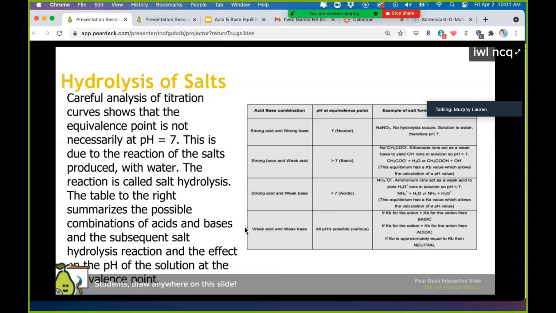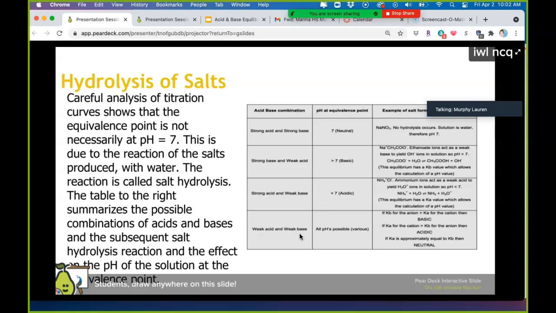Okay, now this topic down here, the weak acids and weak bases, they can give us acidic, basic, or neutral salts depending on the relative weaknesses. So if the weak base is a stronger weak base than the weak acid, then the salt will be basic. But if the weak acid is a stronger acid relative to the base, then it's an acidic salt.